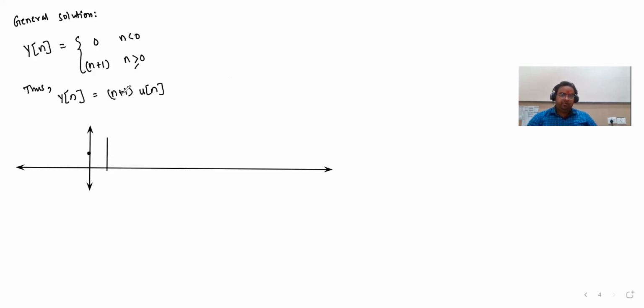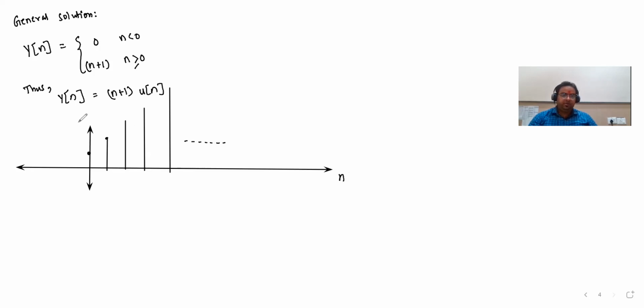For n equal to 2, this will be 3. For n equal to 3, this will be 4. For n equal to 4, this will be 5. And so on.